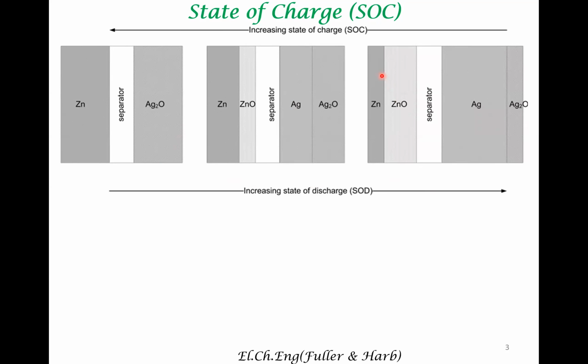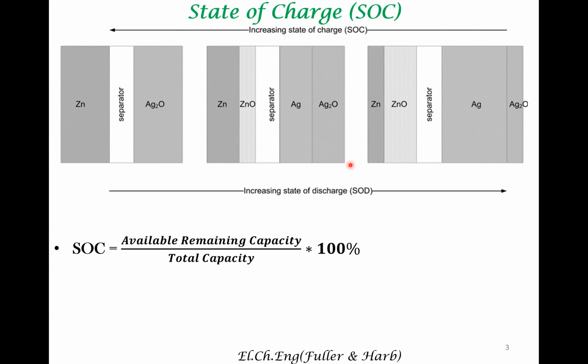So how do we measure the state of charge or the state of discharge, which is the opposite of each other, in a battery? That's a non-trivial question. First, let's define what we mean by state of charge. This is the available remaining capacity divided by the total capacity times 100%. This is an important measure because we would like to know, as the battery is in operation, how much capacity is remaining in the battery.